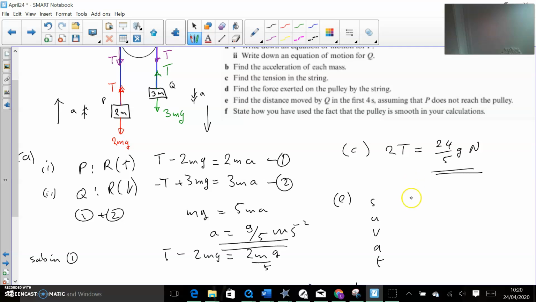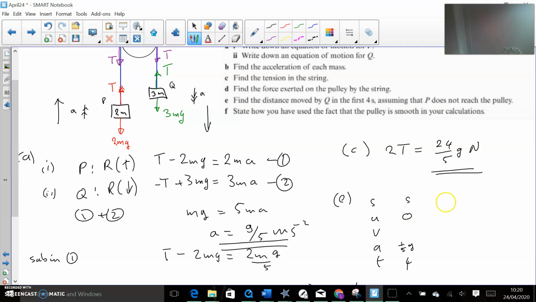We want to find the S. U starts from rest. V, well, we're not interested in the velocity. A, it's travelling at a fifth g, so 1/5 g, and we're looking to see how far it goes in 4 seconds, so t is 4.